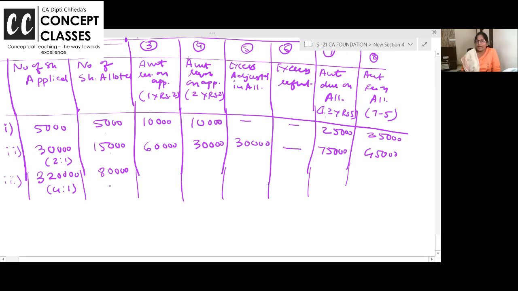Now how much application is received? 6,40,000 rupees are received. 3,20,000 into 2, 640 are received. How much is required? Only 1,60,000. 80,000 shares into 2, 160.